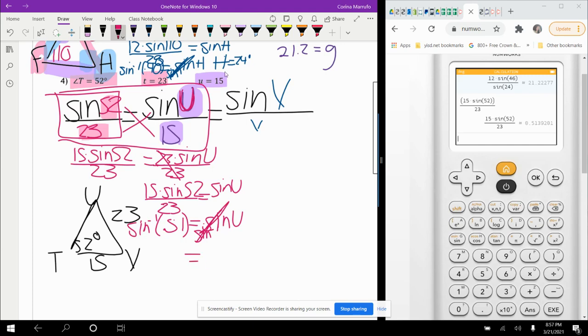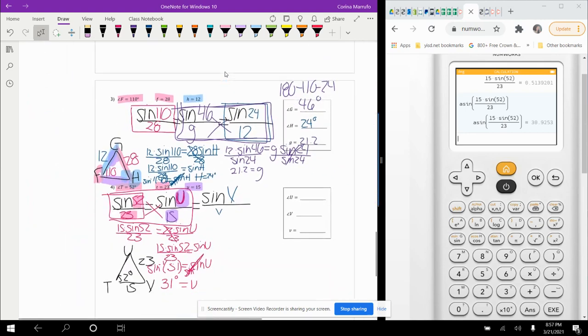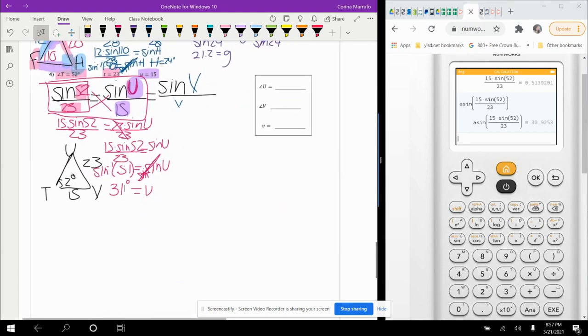So I'm going to use my inverse sine: shift, inverse sine, and plug in the answer. Enter. That gives me 30.92, which would round to 31 degrees. So that's my U. Here, my U is 31 degrees.